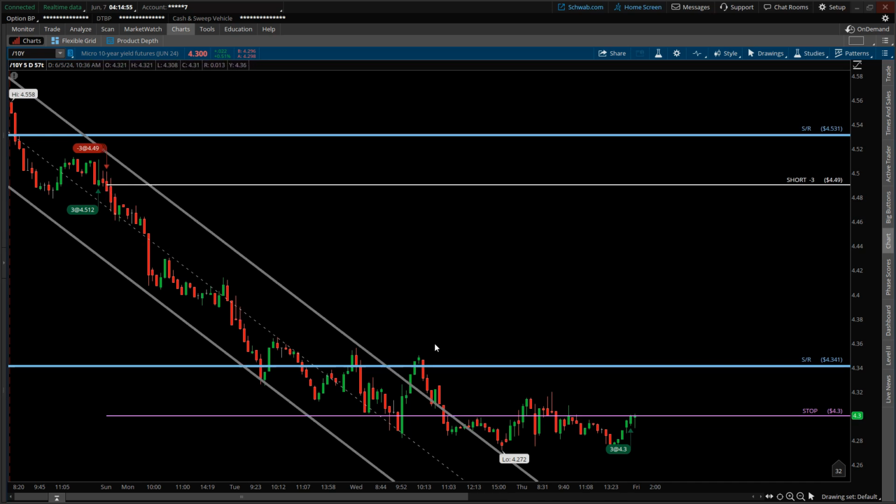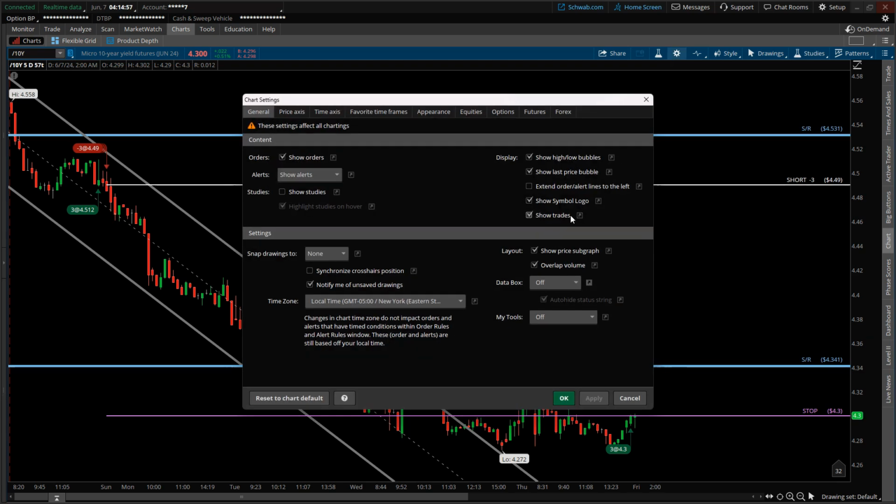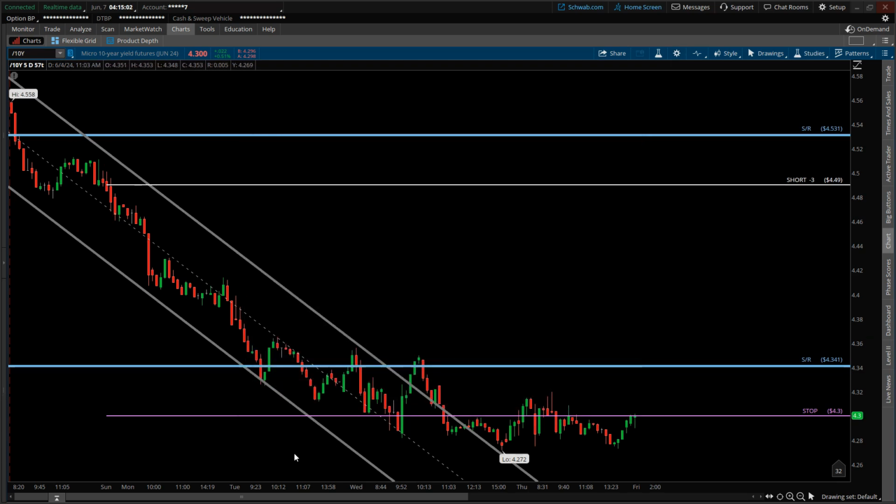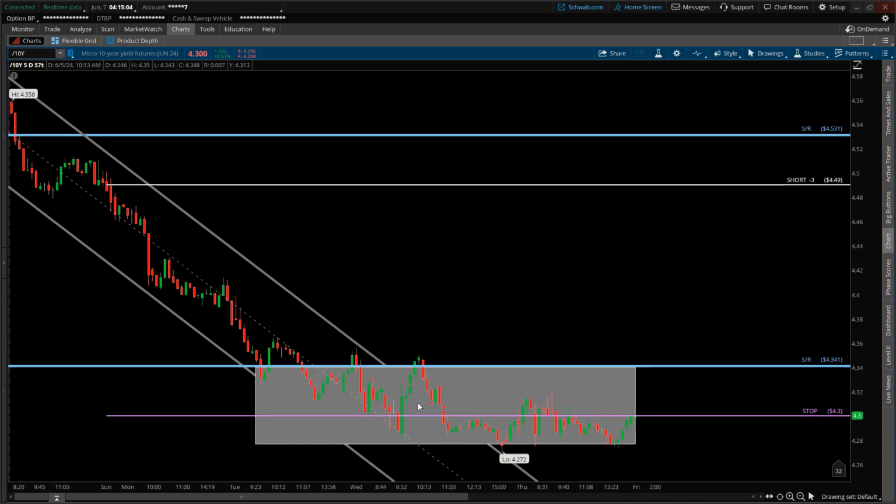So now, let me just get rid of these confirmation bubbles. What I'm going to be focused on moving forward is that this appears to be a consolidation phase. And if my assessment is correct, there is that probability that price will break to the upside, retest this support resistance level of 4.341.